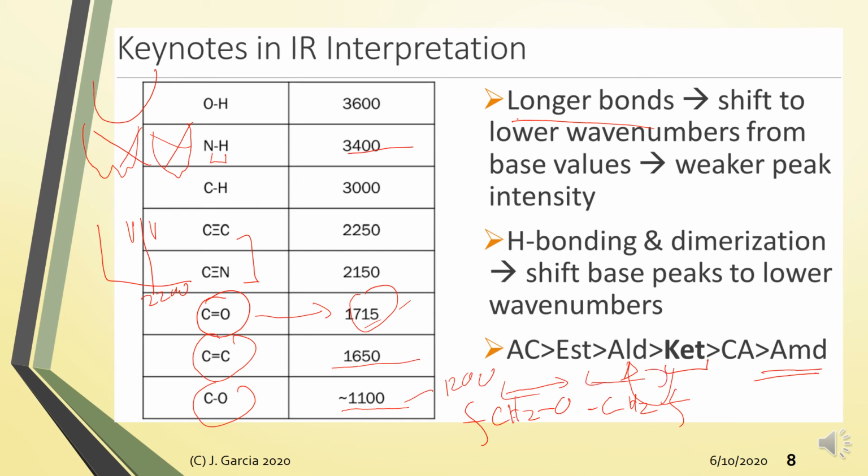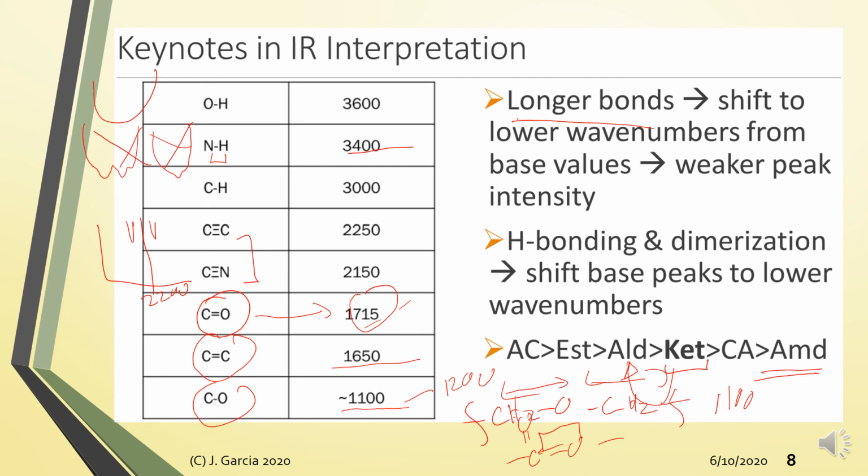So that's why makikita mo siya sa lower wave numbers, no? Whereas for an ester, the presence of the carbonyl draws your electrons, no, towards the carbonyl carbon, shortening the carbon single bond oxygen bond. So that's why you tend to find this signal at a higher wave number.